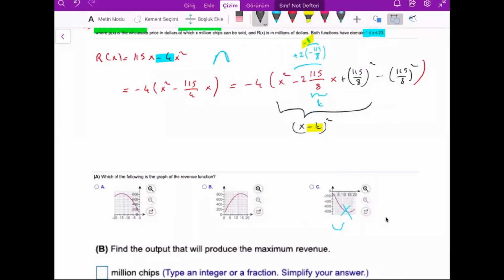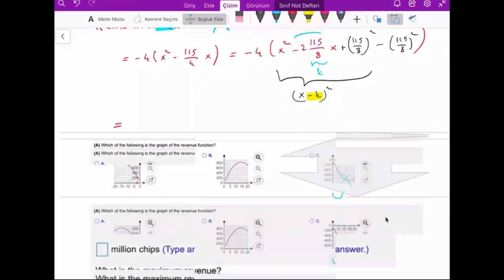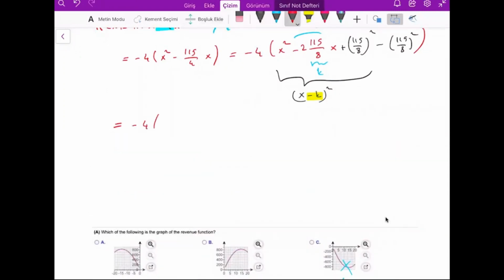So anyway, our vertex form of the quadratic function will be minus 4 times x minus 155 over 8, squared, and we have this expression minus 155 squared over 8 squared.